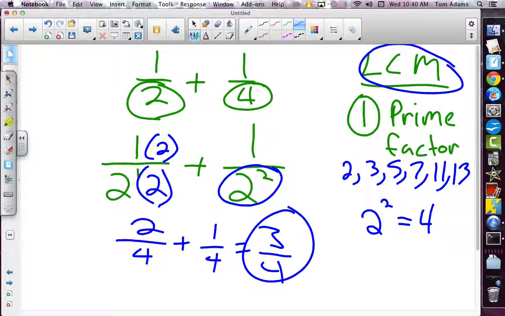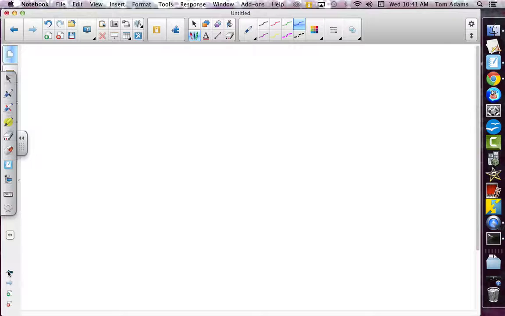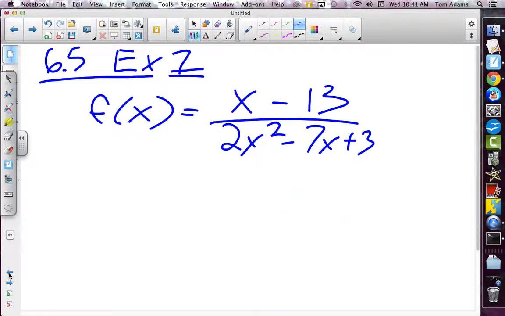That's what we're going to try to do today, but instead of using numbers, we're going to use polynomials and algebraic expressions with variables. So we're going to do this whole process backwards. The first step in that process is to do the prime factorization. The numerator is already prime, so I've got to factor the denominator.